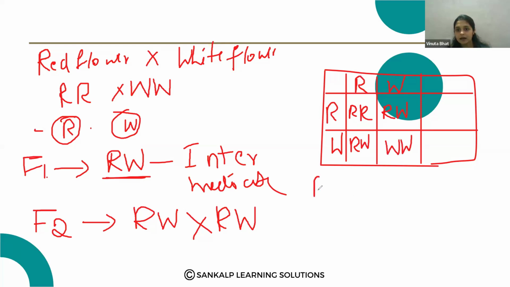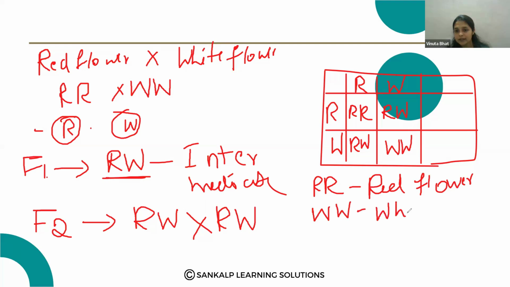Here R is the red flower producing plant, W is the white color flower producing plant, then RW is the intermediate.